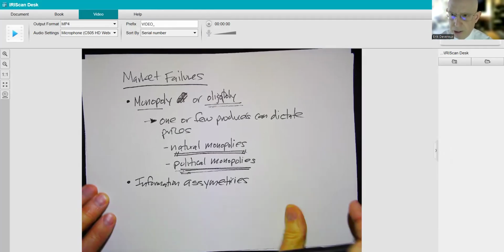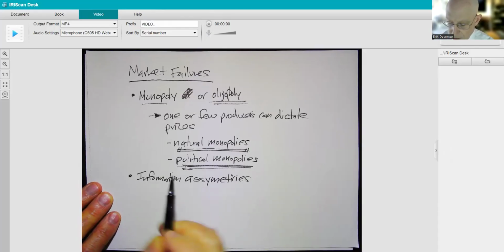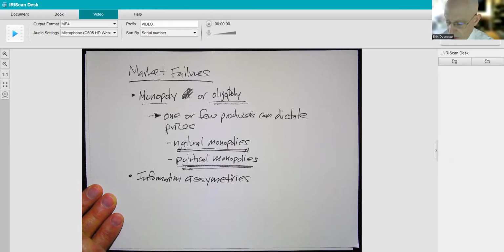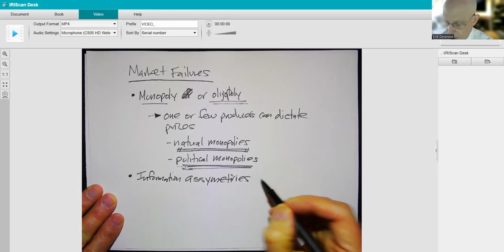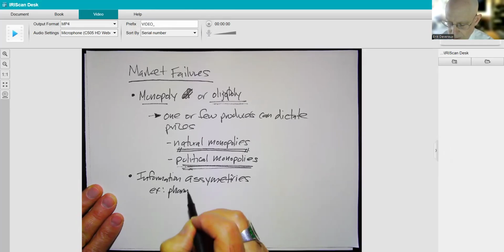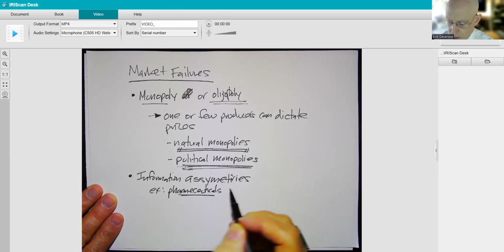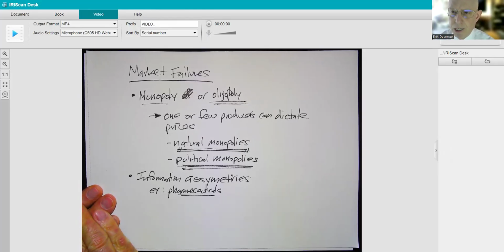And I mentioned I've been in these situations before, but probably the most prominent information asymmetry example that we have in the United States or in other countries is pharmaceuticals. So the fact is, the prescription drugs that we buy sometimes have unintended negative health consequences. And we may not know about those unless someone can step in and force the manufacturer to divulge them.